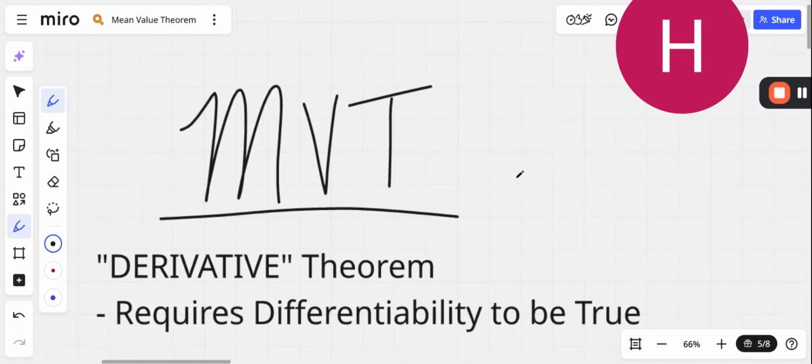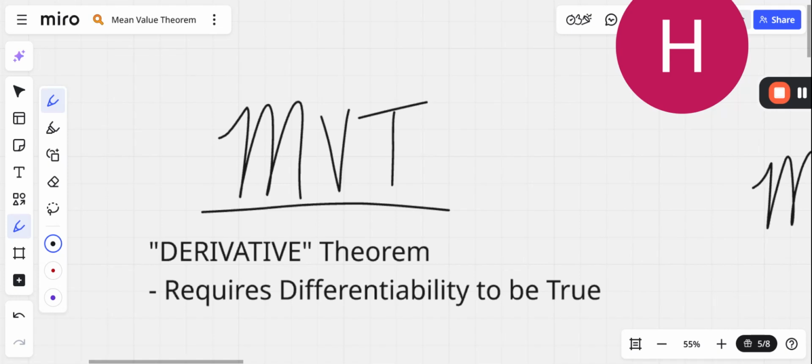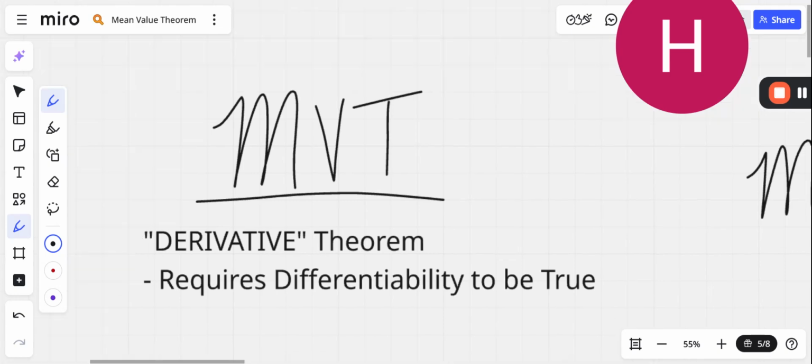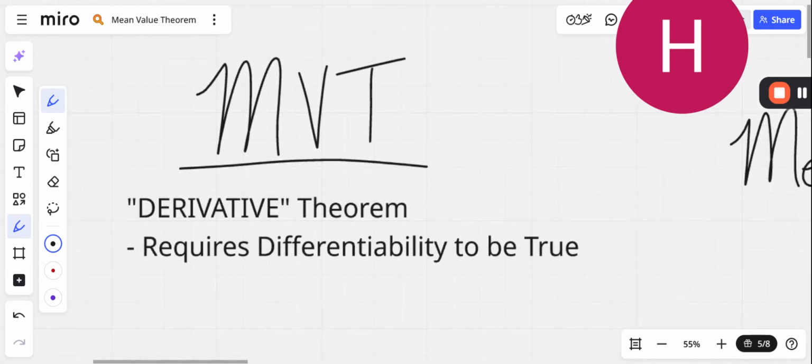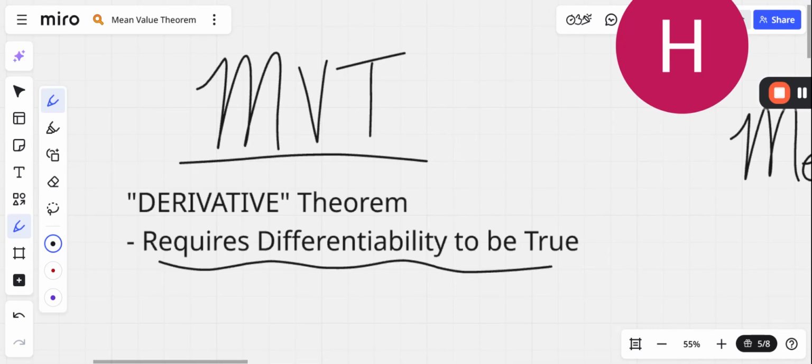Something you need to know about this theorem, because there are several theorems in calculus that you'll see, is that this is what I consider to be a derivative theorem, which means two things. One means that it requires differentiability to be true. So it has to be a continuous and differentiable function over the interval.